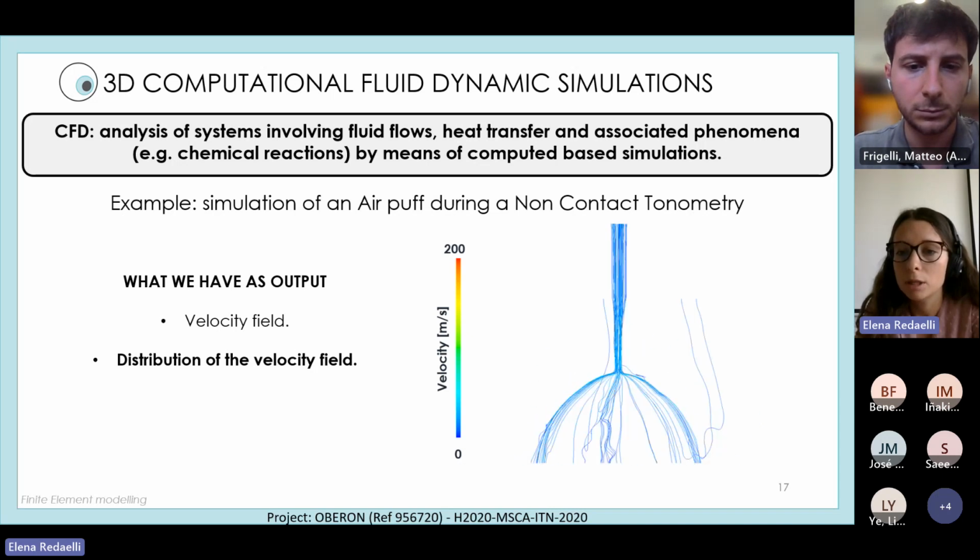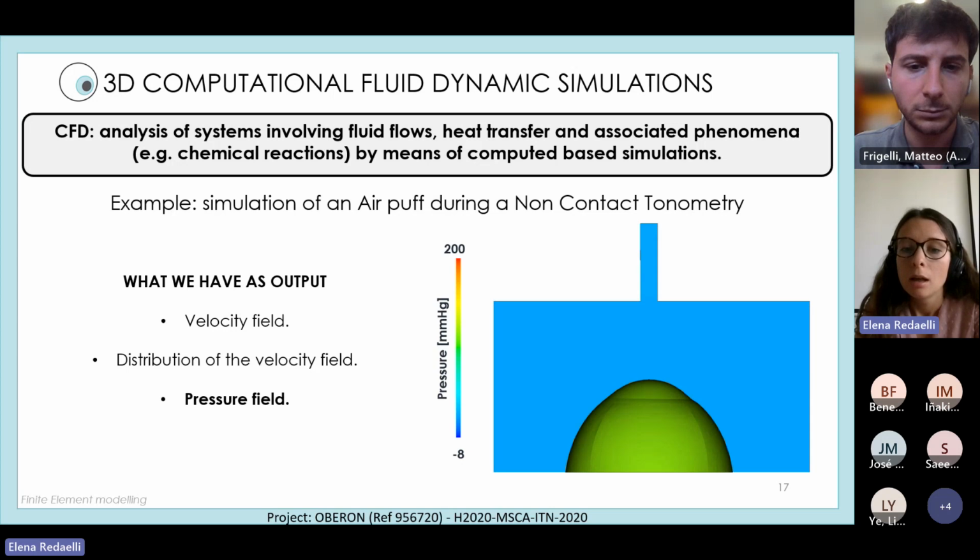You can see here with the streamlines the recirculation of the air, where it is moving, okay? But we can also have the pressure field, that is the load. Before I said that in some papers it was used to load the structural simulation. So with these quantities, we can work on the fluid variables, okay?